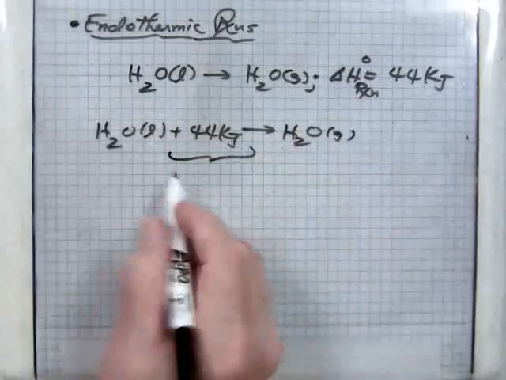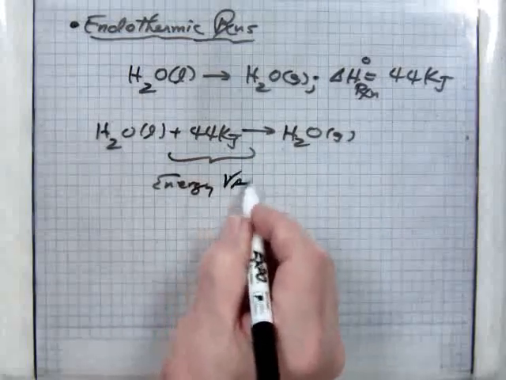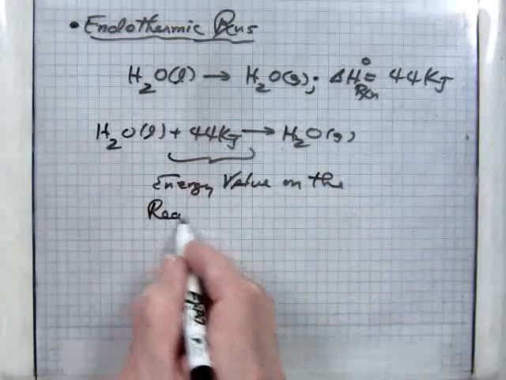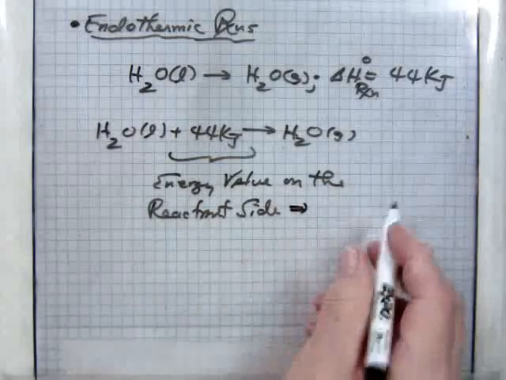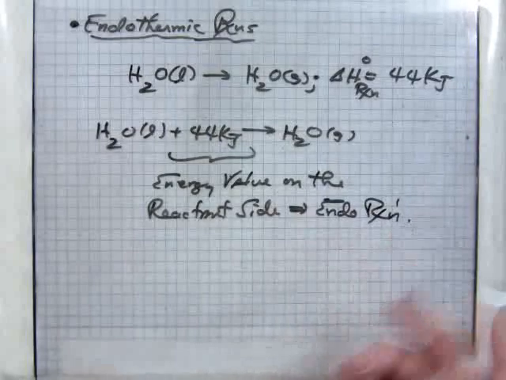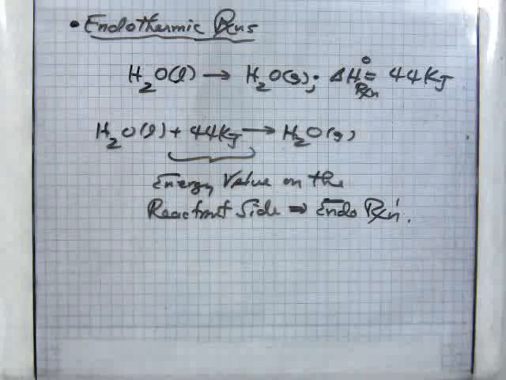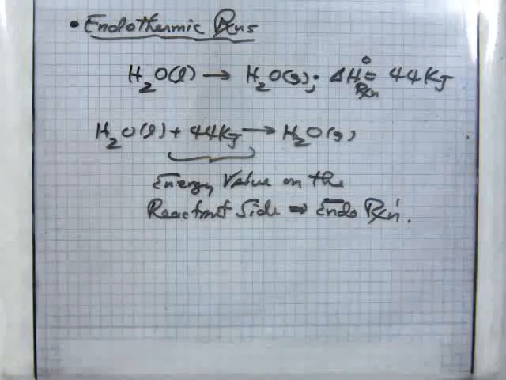And the energy value on the reactant side says endothermic reaction, because you're putting it into the reactant side to produce the outcome on the product side. And of course the exo is on the product side, indicating that it is lost from the reaction at any rate.